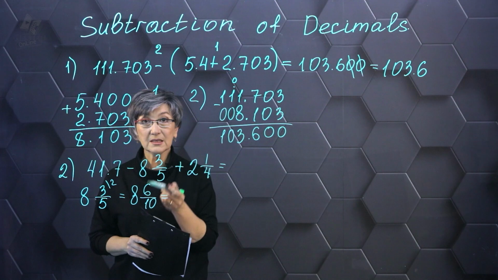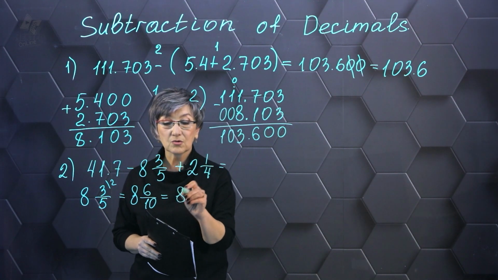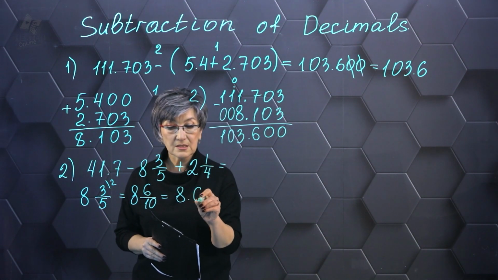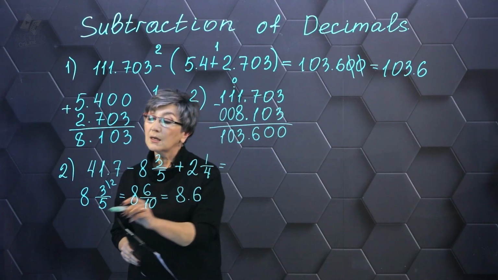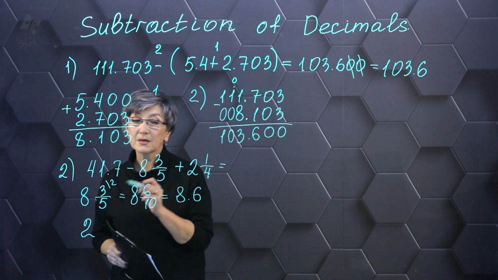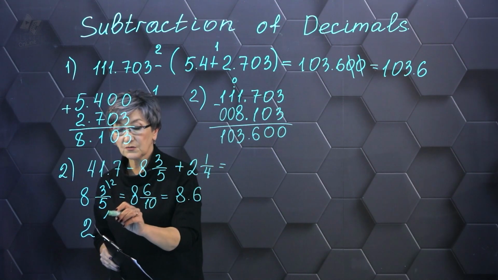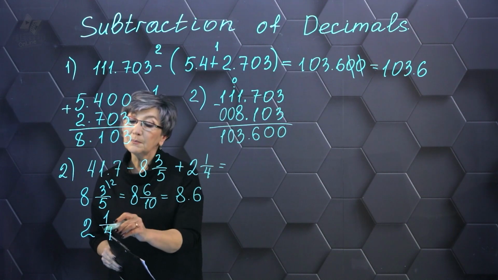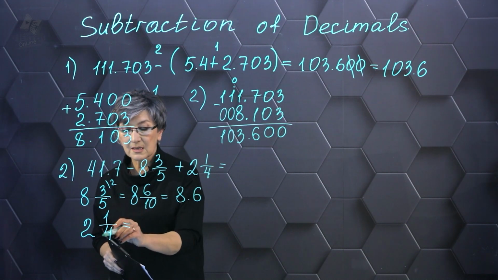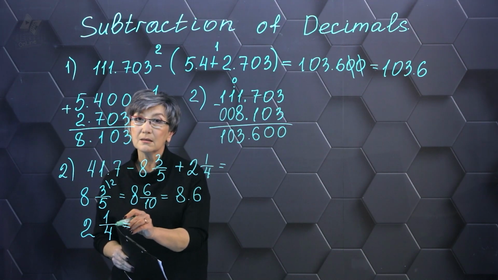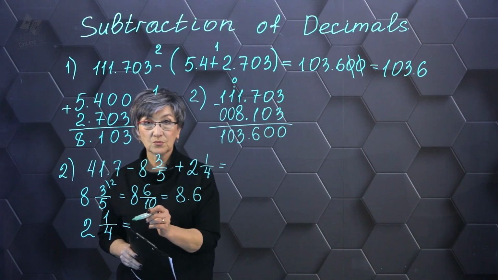And we'll write 8 and 6 tenths as a decimal fraction, 8.6 tenths. Similarly, you and I will consider the fraction 2 whole 1/4. And we're going to bring the denominator to 100. Why?